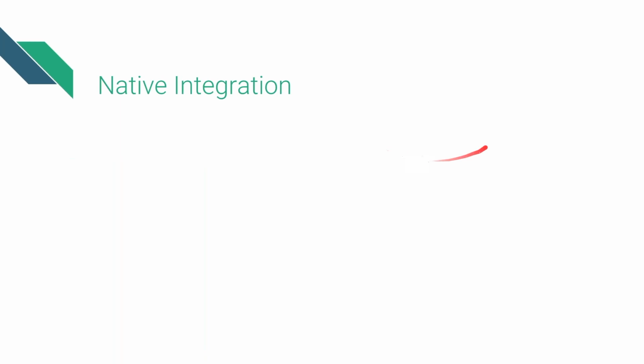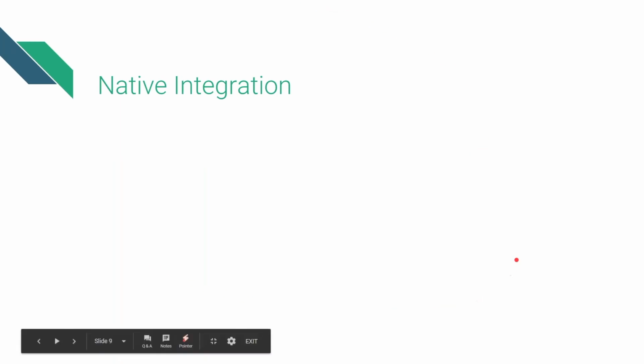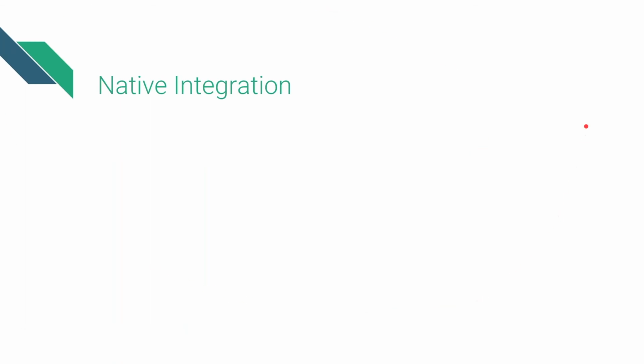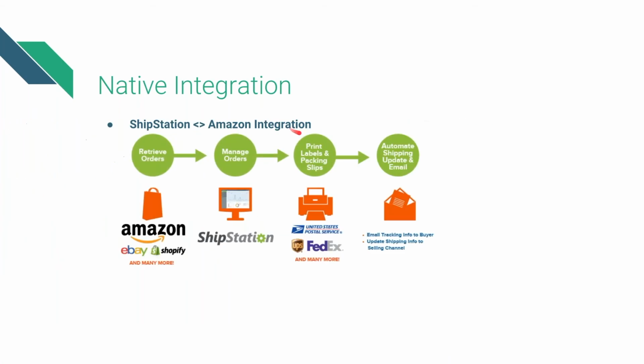Okay, so how to automate. One of the first things that you need to consider as you're deciding how to automate is what's currently possible. What sort of native integrations? You'll hear these words: third-party integrations, native integrations, app store integrations. A native integration is generally an integration that's been built by the company that owns the SaaS platform.